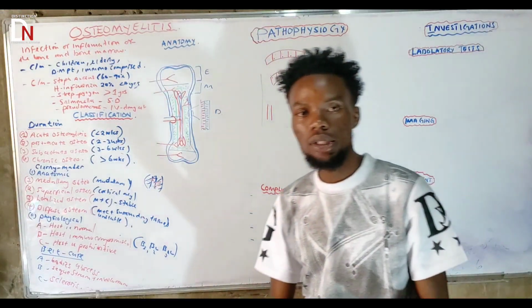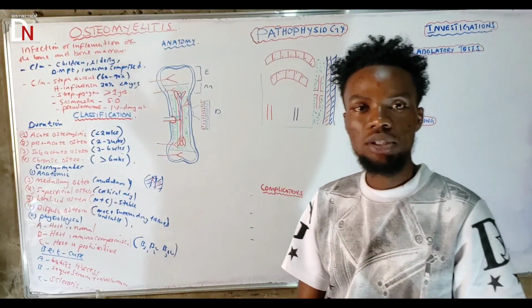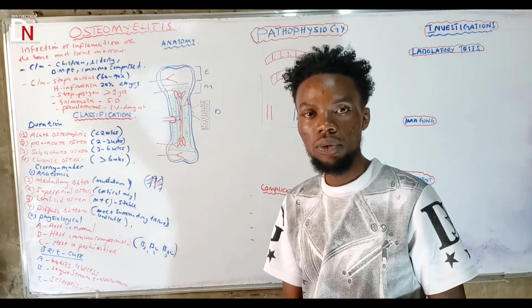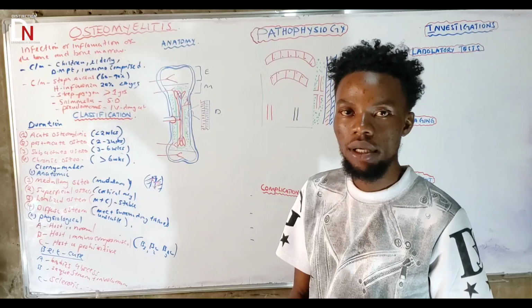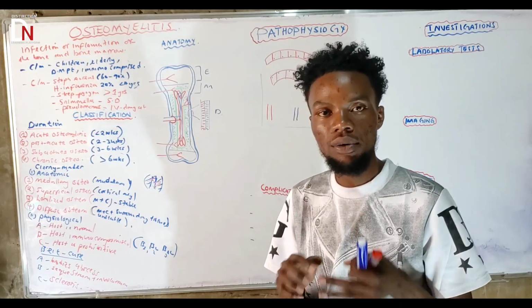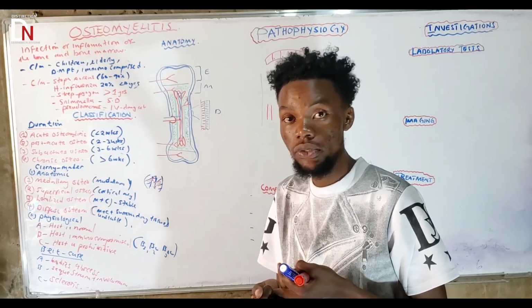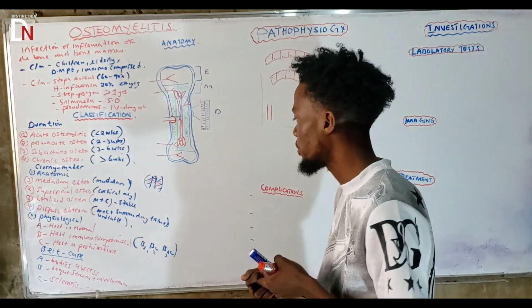One important class is according to the route of infection. So there will be hematogenous osteomyelitis, direct inoculation osteomyelitis, and the other one is the contiguous focus type of osteomyelitis. We'll talk about that, okay?